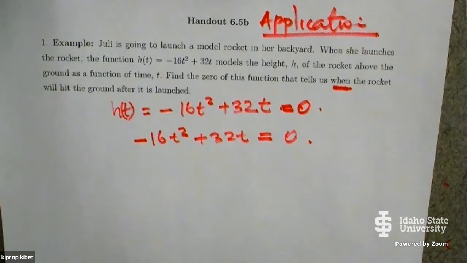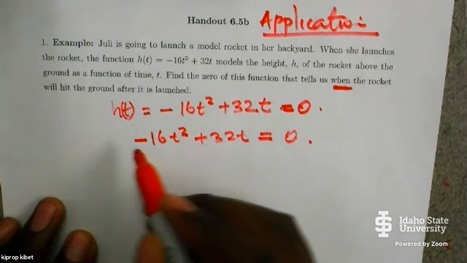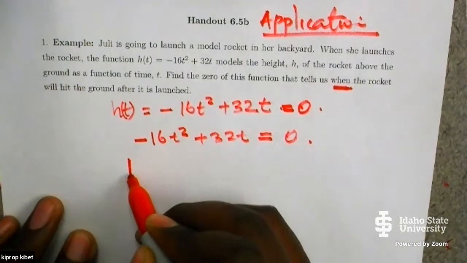Now, using the zero product property, first what you can do here, using what we did last time, we need to factor out the greatest common factor. Our greatest common factor there is 16.